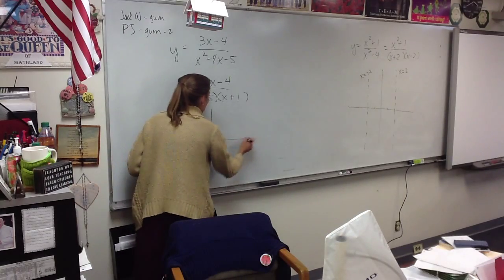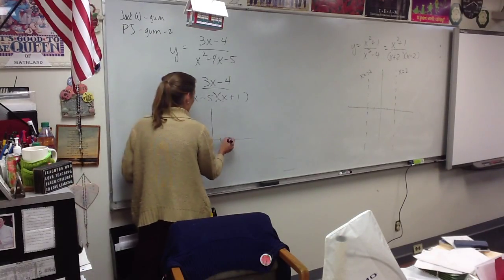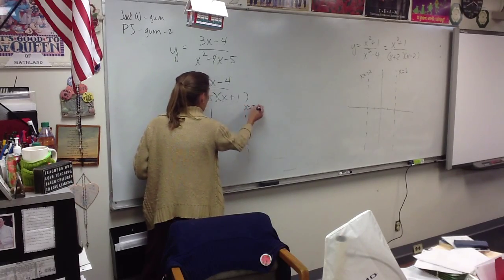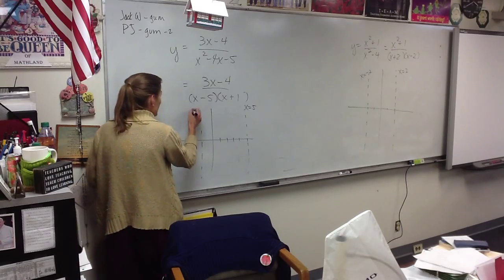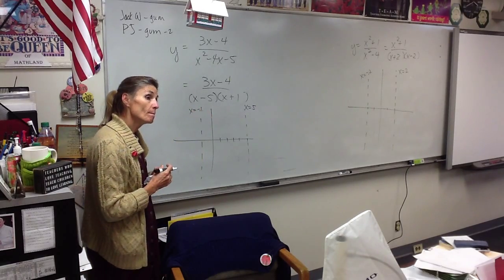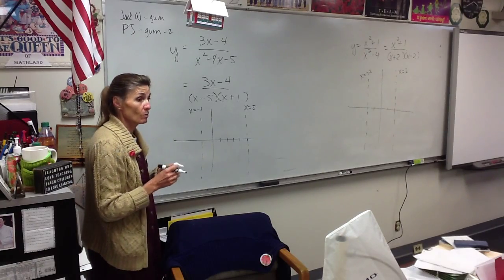Where are my asymptotes then? There's going to be 2 of them. One will be at x equals 5. And one will be at x equals negative 1. So you would switch them? What? You want to put equal 0. It's what makes it 0.